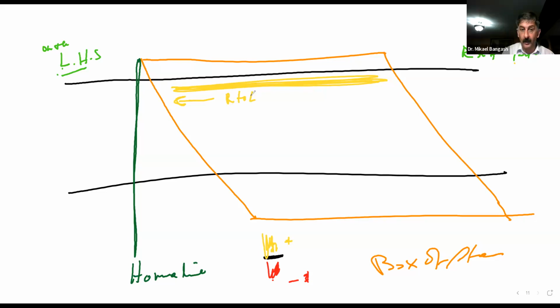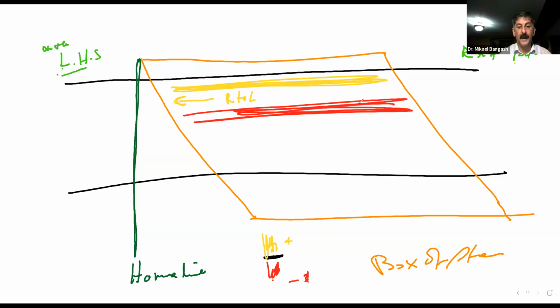Whereas, let's say this blood vessel here is shown red. Now, according to your color map, what does the red indicate?